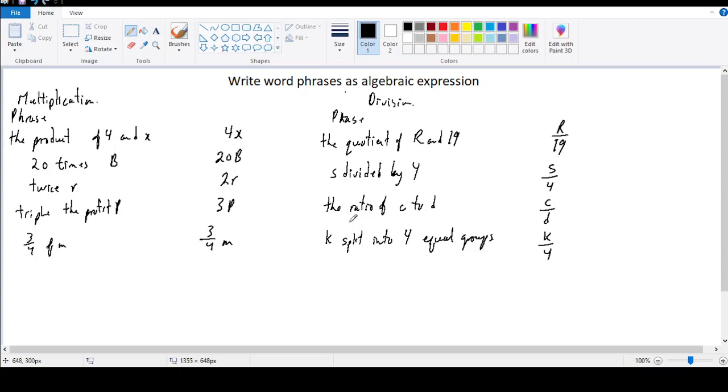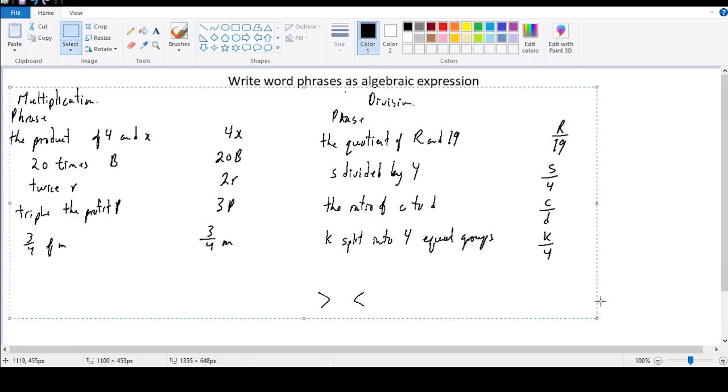Caution. The phrase greater than is used to indicate addition. The phrase is greater than refers to the symbol, greater than. Similarly, the phrase less than indicates subtraction, and the phrase is less than refers to the symbol. So let's see how we work with examples, combining addition, multiplication, and division as well.